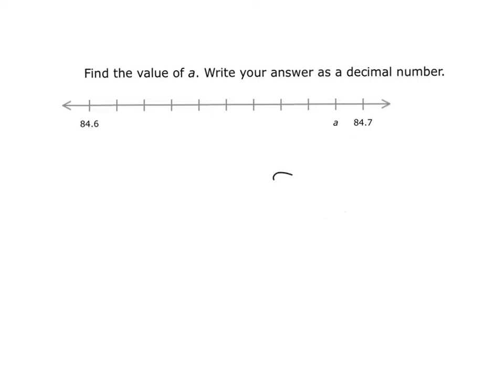Now let's see how I did this. What I did was I took the 84.7 and I turned it into a hundredths decimal by adding a 0 here, 84.70. And since this 0 has no value, 84.7 and 84.70 are equal. But it now has a hundredths place value. And I know that if I take 1/100th away from 70, it ends up to be 69.